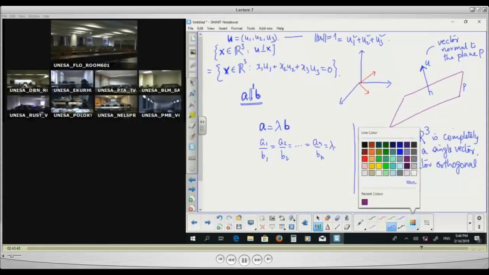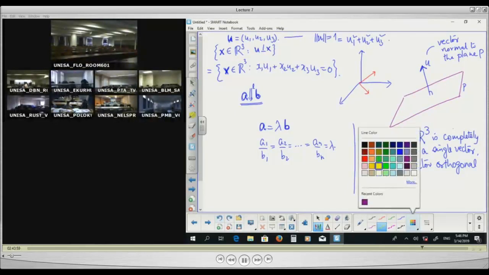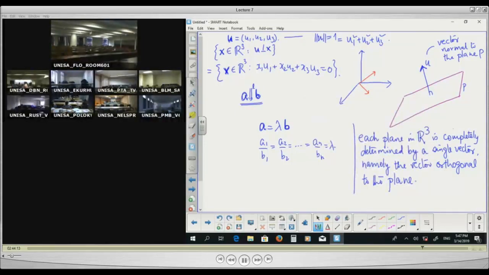Something like this. So if you can find the plane passing through these, okay, this plane, yeah? So that is the subspace H. This is the subspace H. Okay?